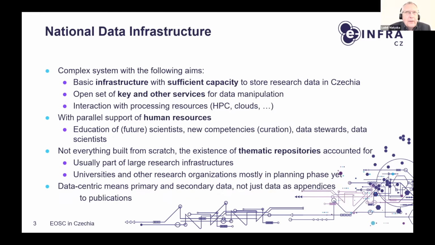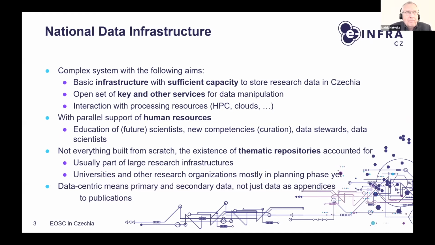Our way toward the EOSC is through the national data infrastructure, which is a complex system with the following aims: to build the actual infrastructure, the capacity to store the data; to provide a set of key and other services naturally aligned with what is developed or at least thought about at the EU level; and to provide interaction with the processing resources, the HPC, clouds, and analytical tools. The point here is that we are also taking care of human resources as a key element.